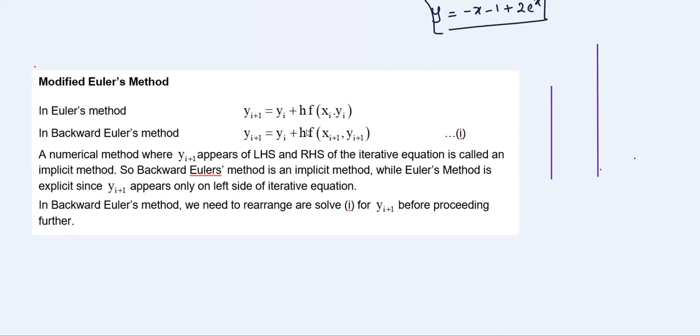So in Euler's method, what we assumed was this term we get by using the slope at xi. This is xi, this is xi plus 1. So for the next step, I want yi plus 1.